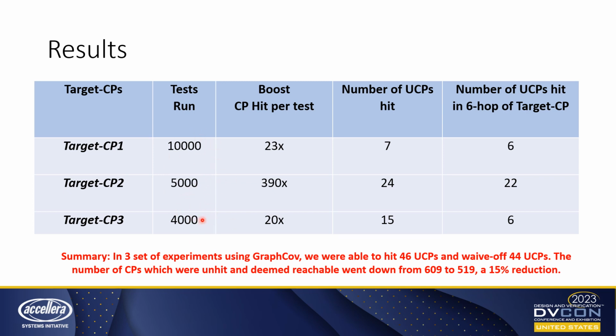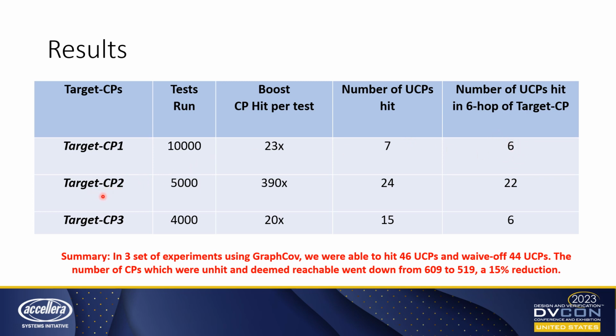Overall, about 19,000 tests we ran, and we found that we were able to boost the first target CP's hit per test to 23 times what was observed at the normal end of project report for this target CP. And in this experiment, the number of UCPs that were hit was 7. Interestingly, this biasing was able to hit 6 UCPs in the neighborhood of the target CP, and there was 1 UCP which was hit outside the neighborhood of the target CP.